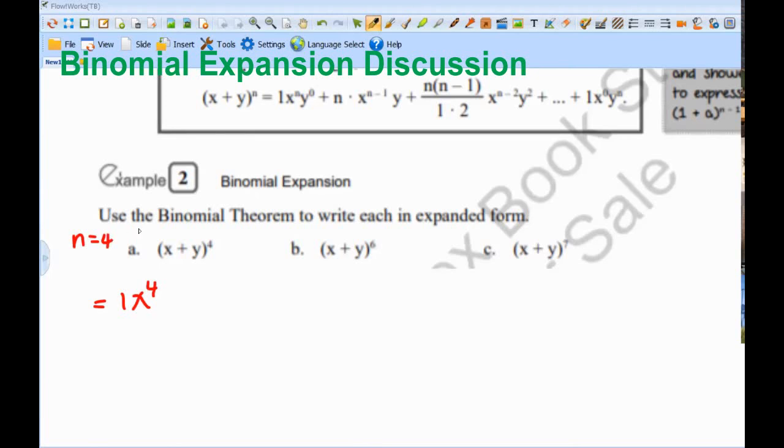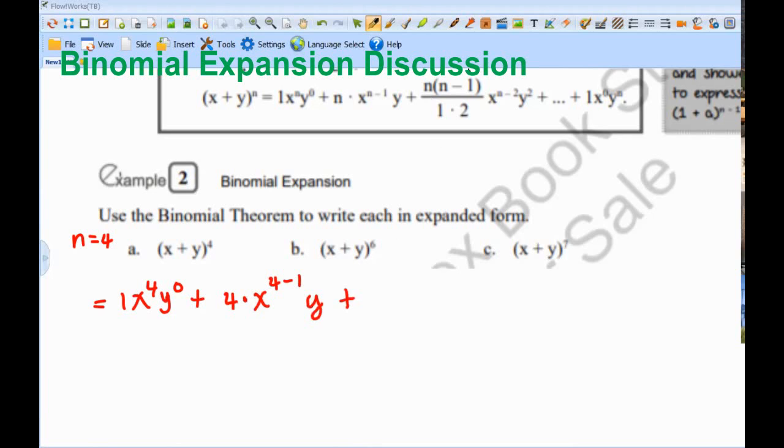Then you will start with y raised to 0 because that is given. Plus n. What is the n? It's 4, times x raised to 4 minus 1, times y, plus n.